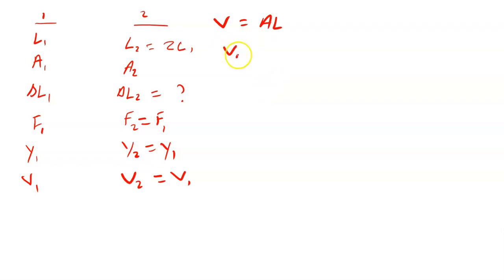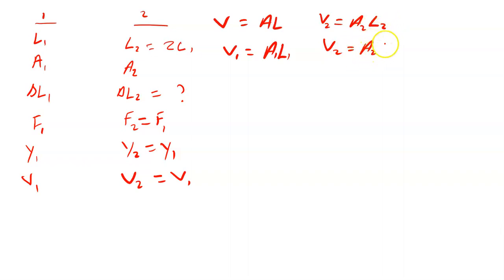So for V1, the volume for the first wire, it will be area for the first wire multiplied by the length for the first wire. The volume for the second wire should be the area for the second wire multiplied by the length for the second wire.